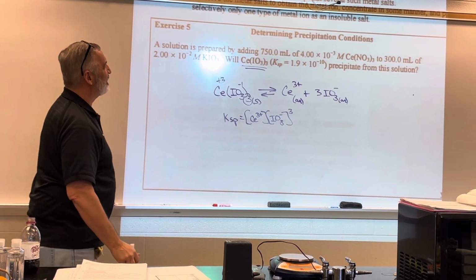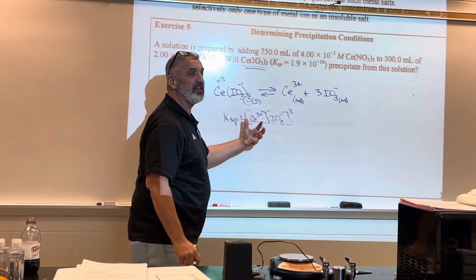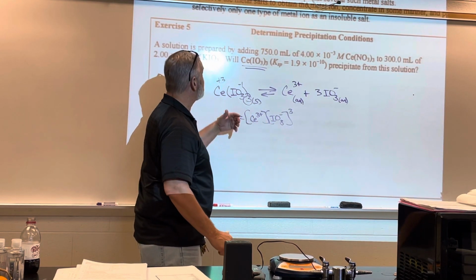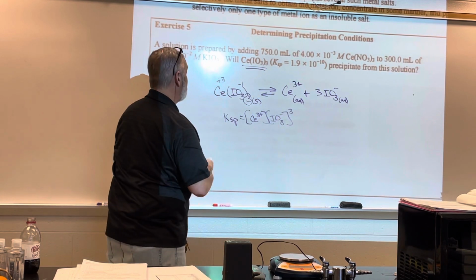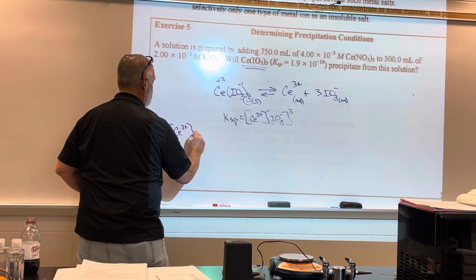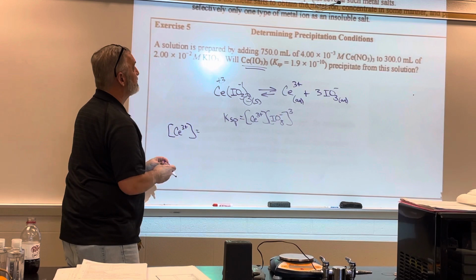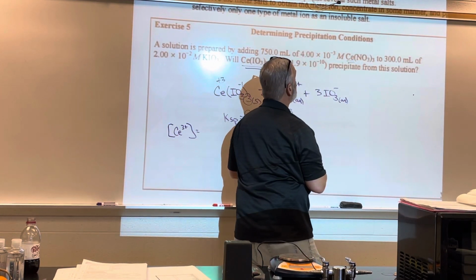All right, now, the thing is we have to find out what these are. We have to find the value of Q to see, does it exceed this given value of KSP? So this is where we have to find my cerium concentration. Cerium is coming from right here, 750.